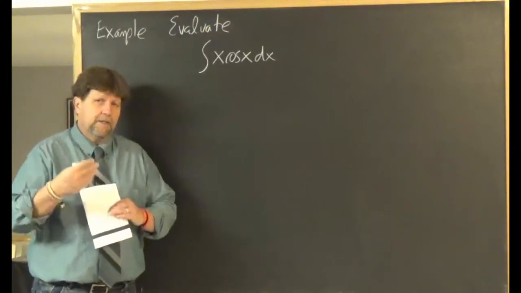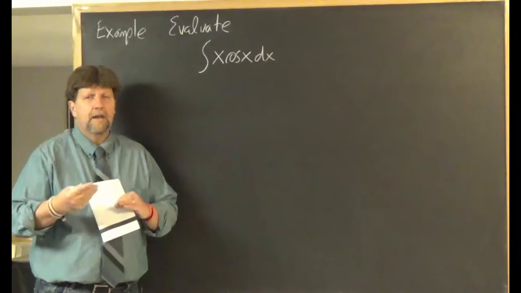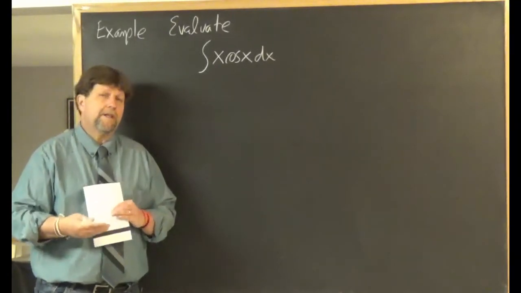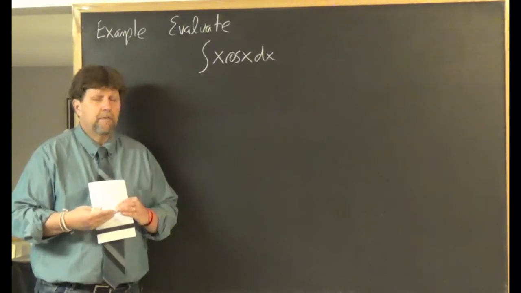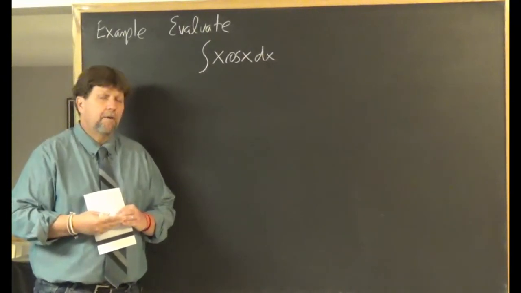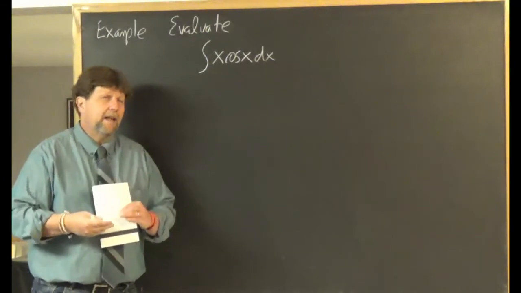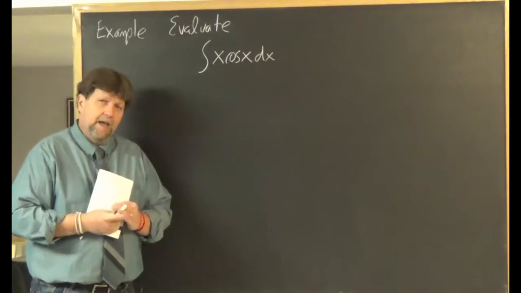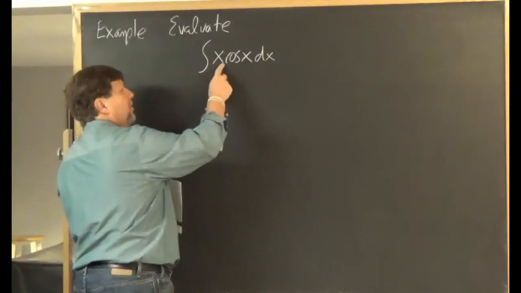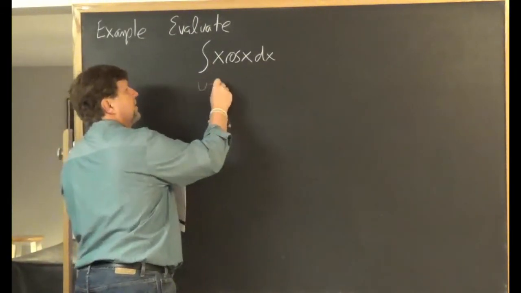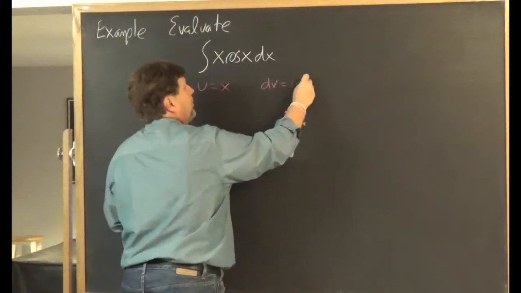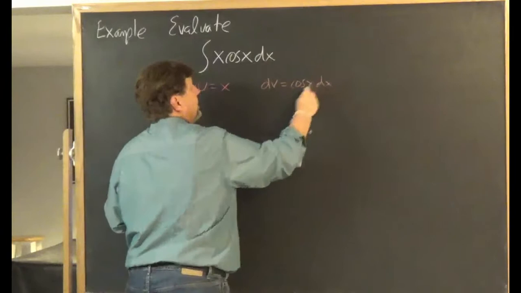And we just looked at some general guidelines, tips if you will, for what to let u equal or what to let dv equal. So when I consider those guidelines and I look at this problem, I would say, you know what? If I let u equal x, then dv will be cosine x dx.